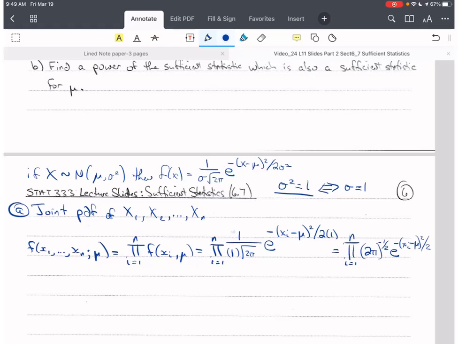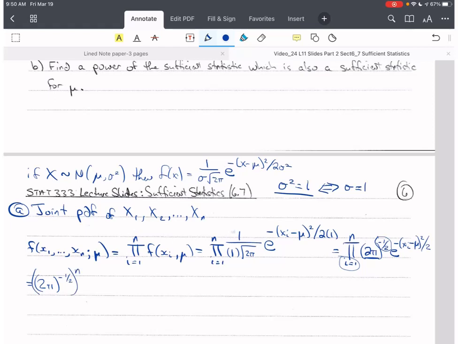There's no need to break this up. We can leave this because it's a constant, and so we're not that concerned with it. But we do have to raise it to the nth power since there's no subscript i anywhere in the 2 or the pi. There are going to be n of these multiplied by themselves, and that is (2 pi) to the negative 1/2 raised to the nth power.